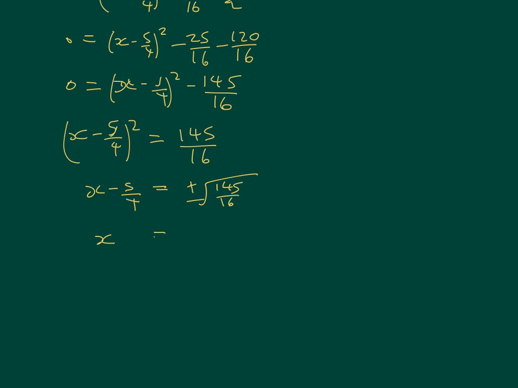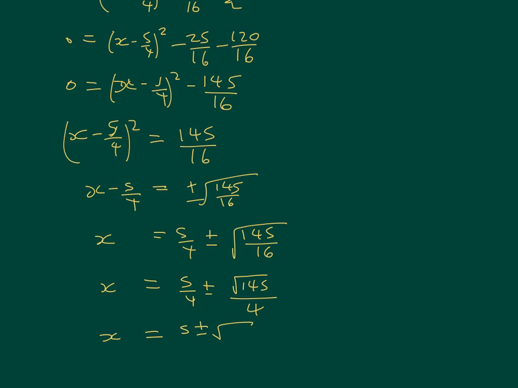Have x equals 5 over 4 plus or minus square root of 145 over 16. And in fact, I'm just going to tidy this up a little bit more. So we'll have x equals 5 over 4 plus or minus, we can square root the 16 on the bottom, so it'll be 145 over 4, and so we can write it as x equals 5 plus or minus the square root of 145 over 4.